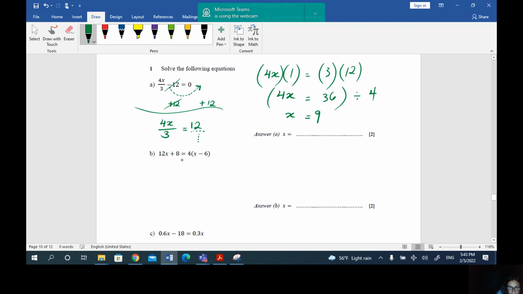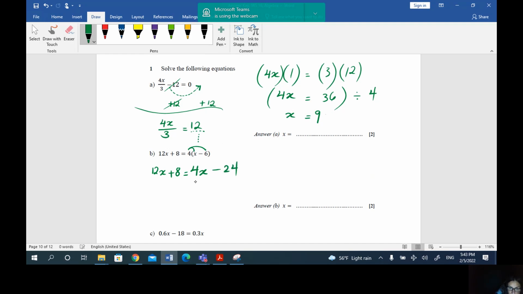Here, 12x plus 8 is equal to 4x minus 6. First, you need to get rid of the bracket by expanding. So the left side is going to stay the same for the meanwhile. Then 4 times x is 4x. 4 times negative 6 is negative 24.